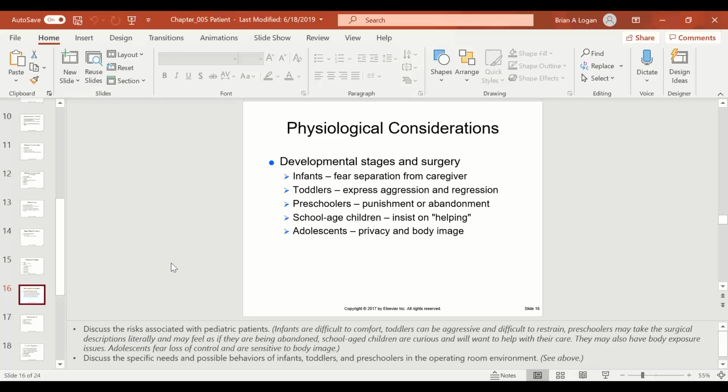Toddlers, that 19-month to 3-year-old range, can be very aggressive and get angry easily because they don't feel like they're being completely understood in what they want. They haven't fully learned how to speak. They know some words and phrases, some a little more advanced than others, but they may not know how to express themselves exactly.